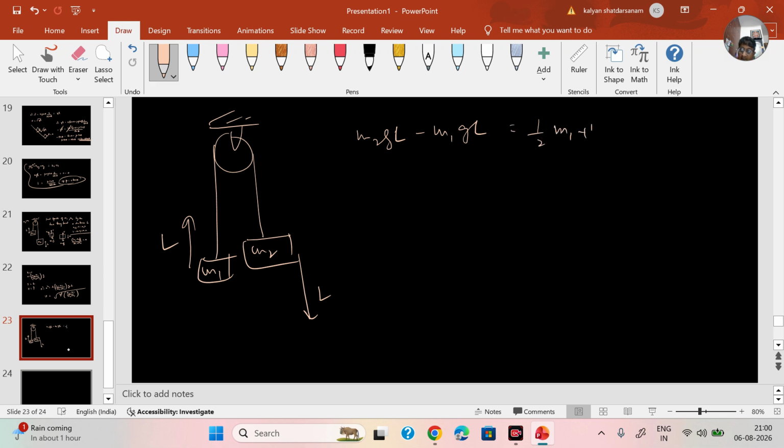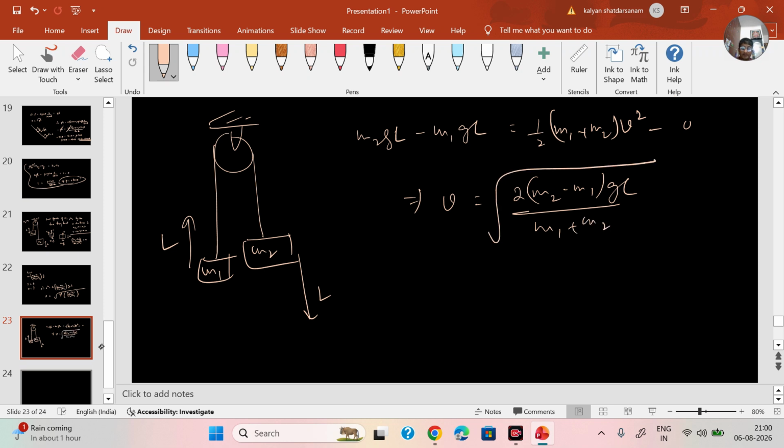Half (M1 plus M2) V square, because both will get the same speed. Initial kinetic energy is zero. So you see, in one shot V is root of 2(M2 minus M1) GL by (M1 plus M2). Work done by tensions is zero. What are the other forces other than tension on the blocks? Gravity.